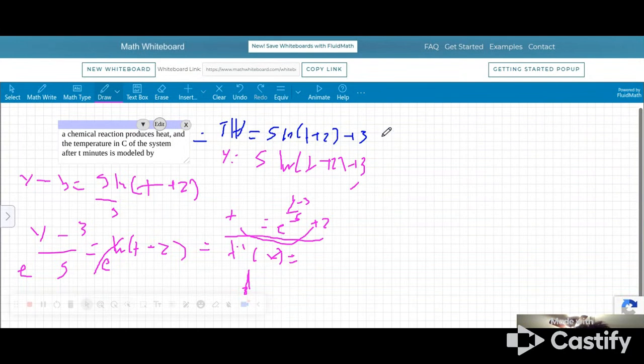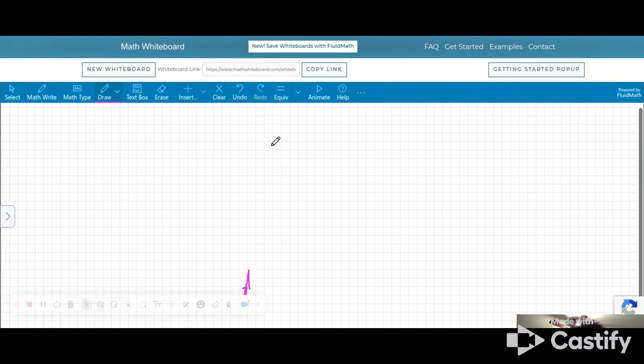We're going to find the derivative really quick. That derivative is going to be 5 over t plus 2. Look at that, it's beautiful. Now we're going to plug in the T equals 20 that we talked about earlier.